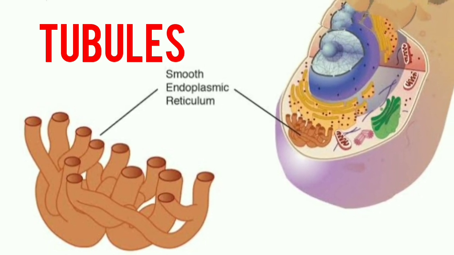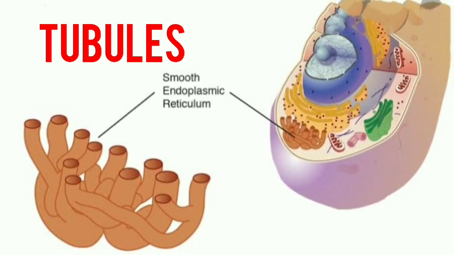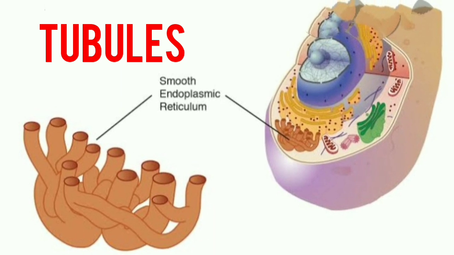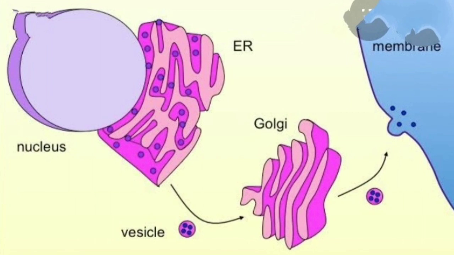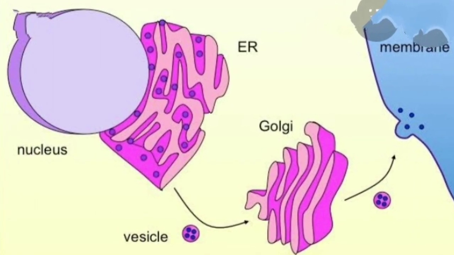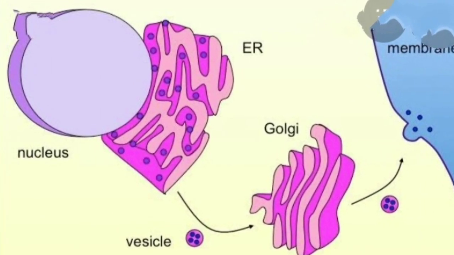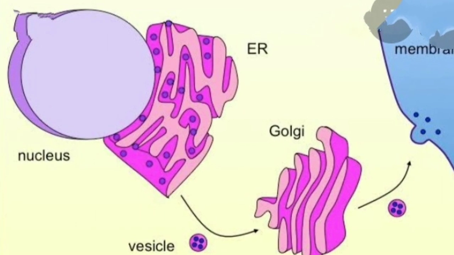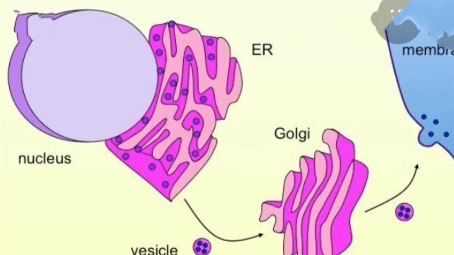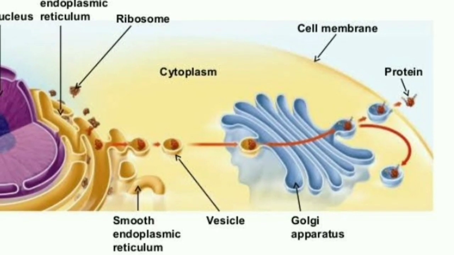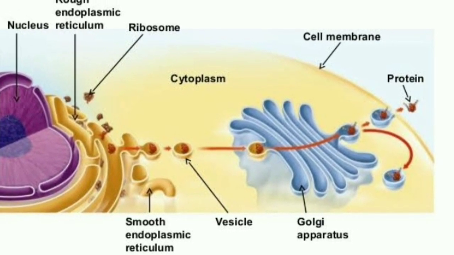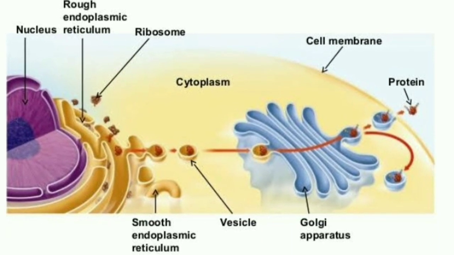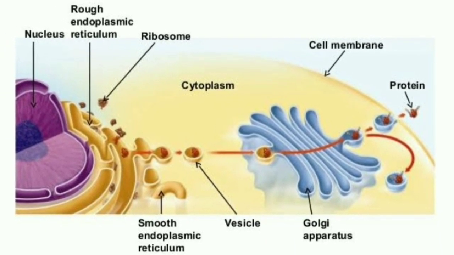They are branched, without ribosomes on them, and they are always closer to the plasma membrane. The third element is vesicles. They are spherical structures. On their outer surface, ribosomes are present. Vesicles normally remain closer to cisternae and help in transportation of material from the endoplasmic reticulum to Golgi bodies.